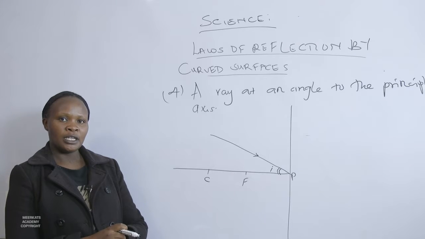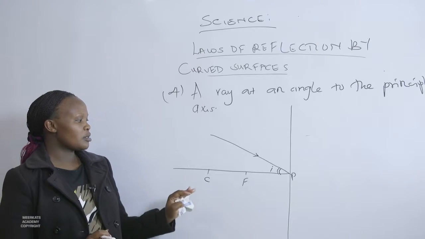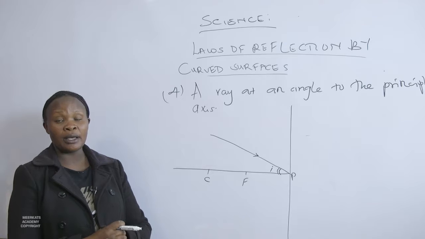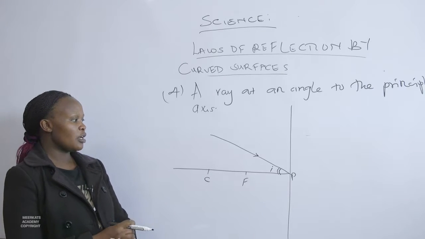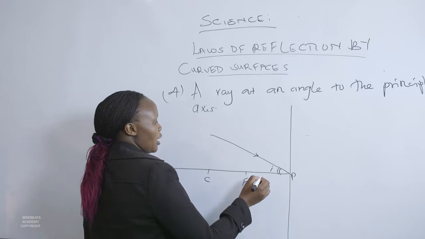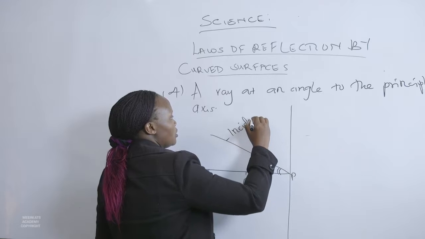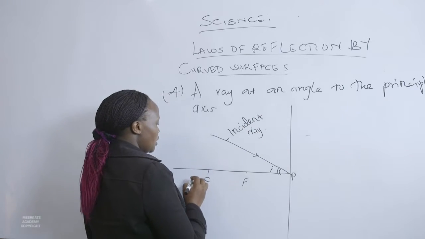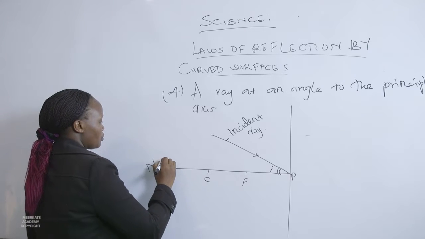Now, in this case, we will realize that the principal axis is actually perpendicular to our surface of reflection. So therefore, if we take it to be our normal, this is the incident ray. We take our principal axis as our normal.